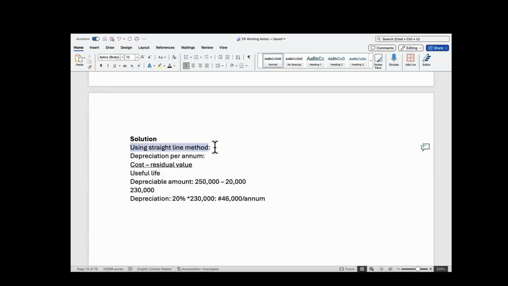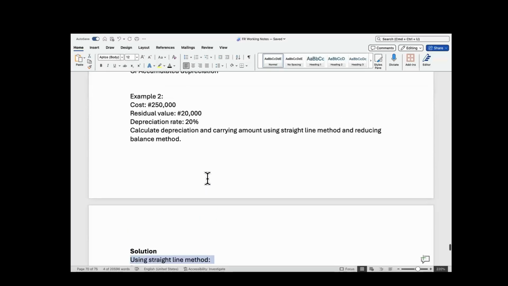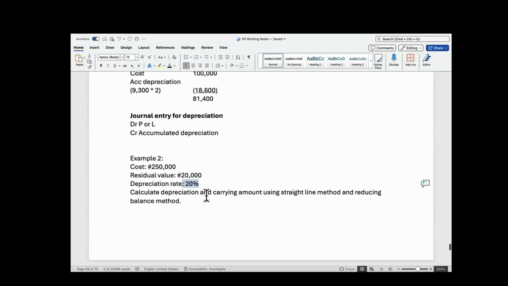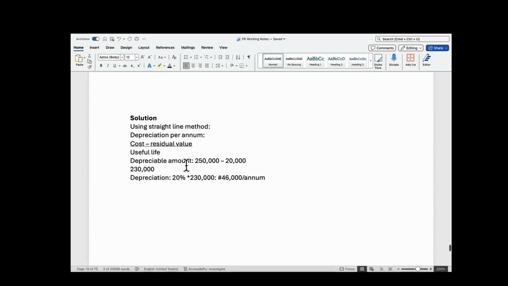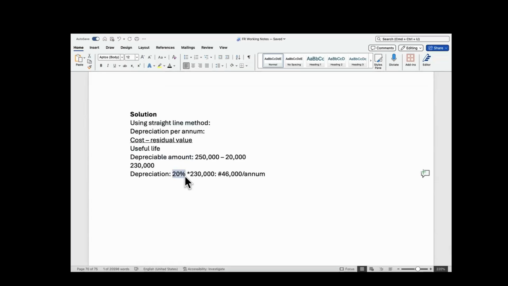In the straight line method, you have to get the same amount of depreciation every year. So if you are not given a useful life, you can use the depreciation rate. All you need is the depreciable amount. Then the rate will represent the years, and that gives us 46,000.